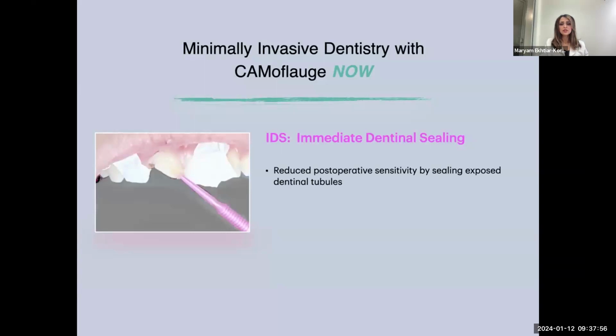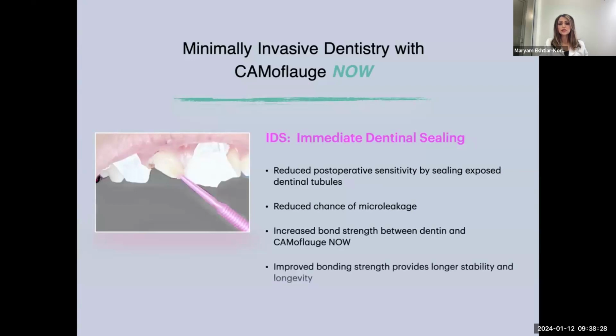Immediate dentinal sealing, it's very important that, if you do not have in-office milling, you think about doing immediate dentinal sealing because it reduces post-operative sensitivity, it seals the exposed tubules, and it reduces the chance of microleakage.